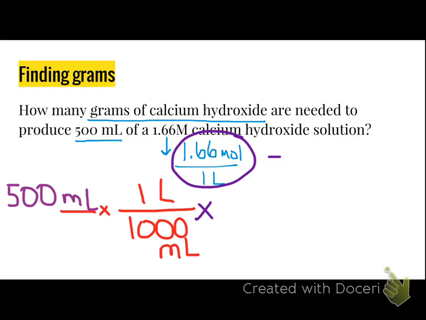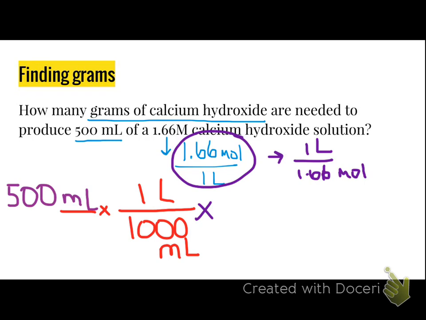Now, this can also be written as this: 1 liter is 0.166 moles. So remember when you were doing your molar mass and your stoichiometry, you can flip your grams and flip your moles and flip your molecules. It's the same thing here.